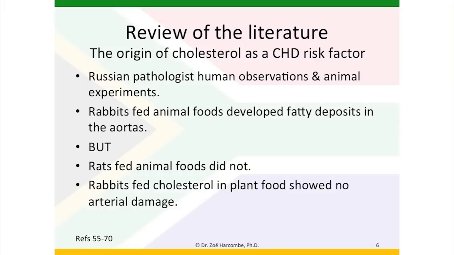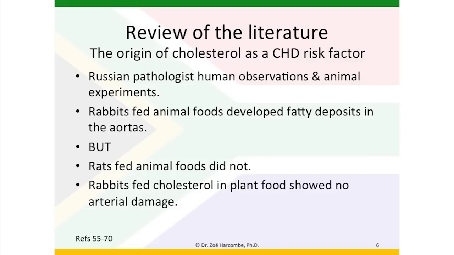And this dates back to the work of Russian pathologists back in the early 1900s, where they were observing human corpses and doing autopsies and noticing that cholesterol tended to be congregated around the areas of damage that they were examining in the arteries. They then progressed to doing animal experiments to see if they could recreate those fatty deposits in arteries in animals.